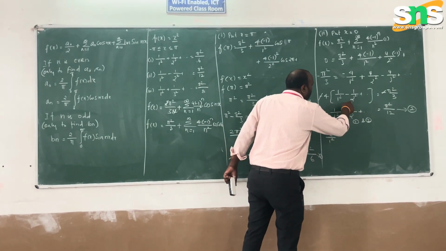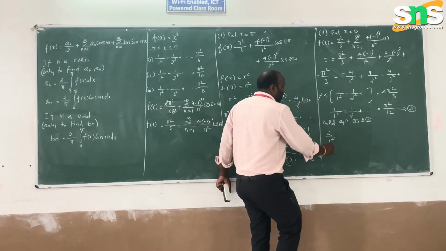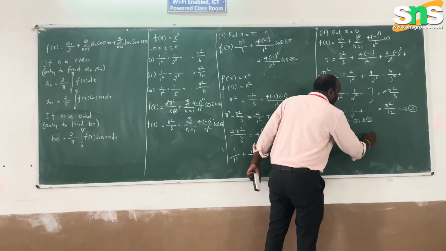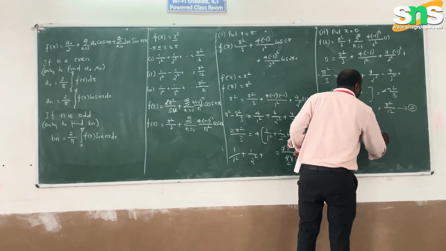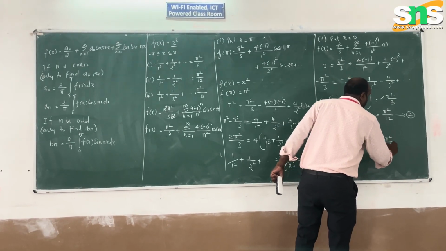Then minus 1 by 2 square plus 1 by 2 square will be cancelled. So plus 2 by 3 square plus and so on is equal to, we have to add pi square by 6 plus pi square divided by 12.